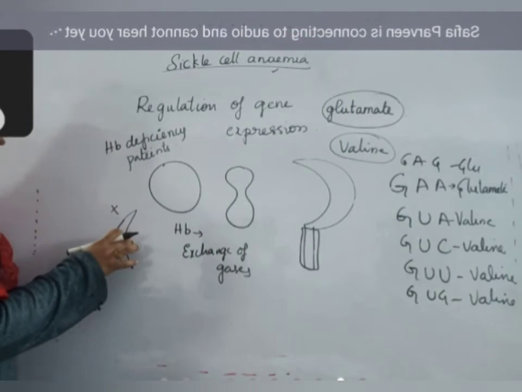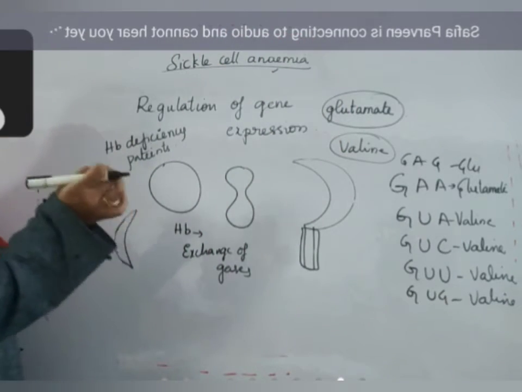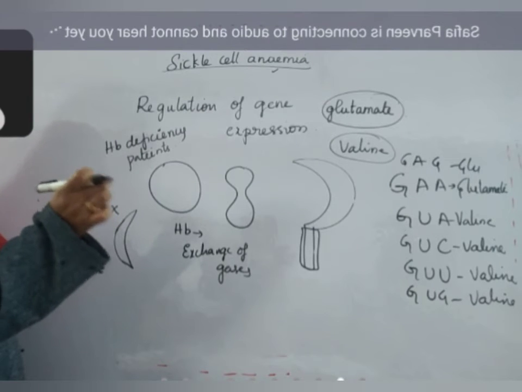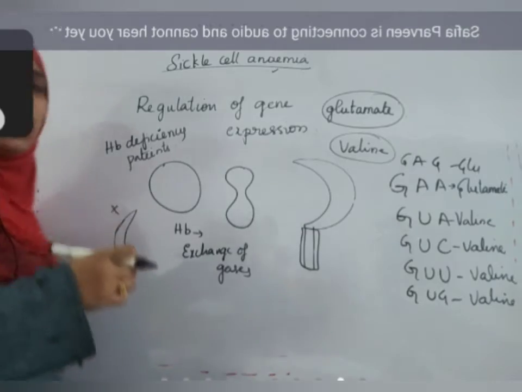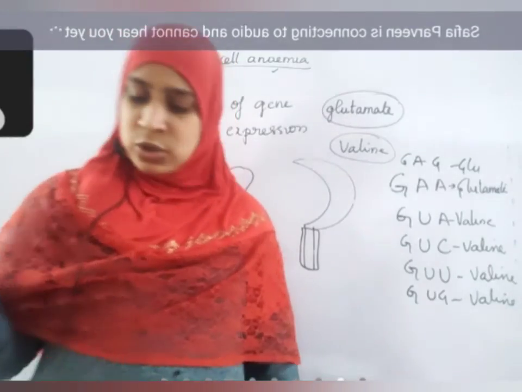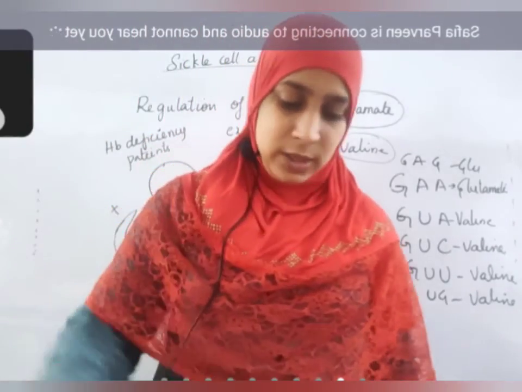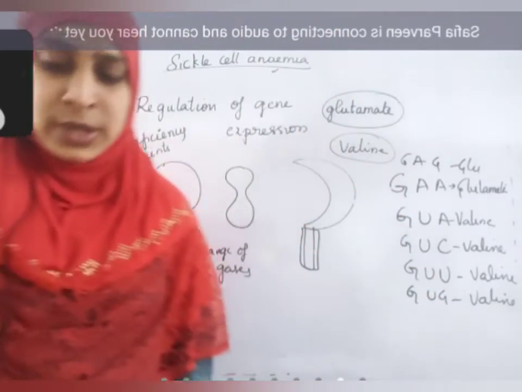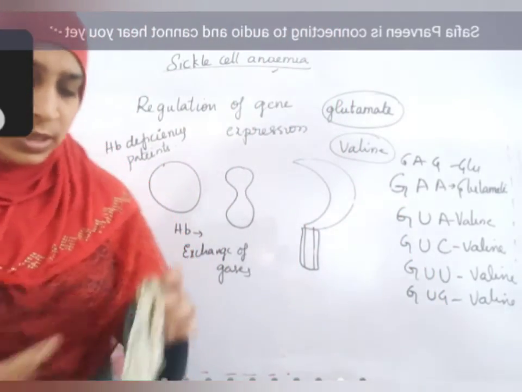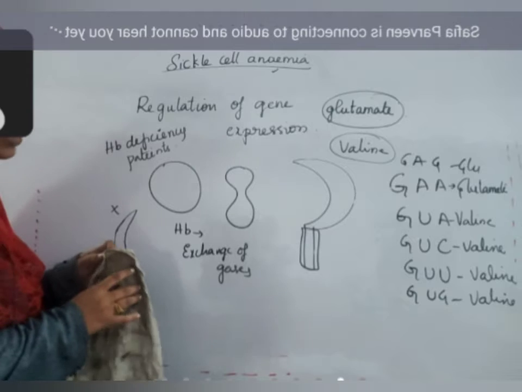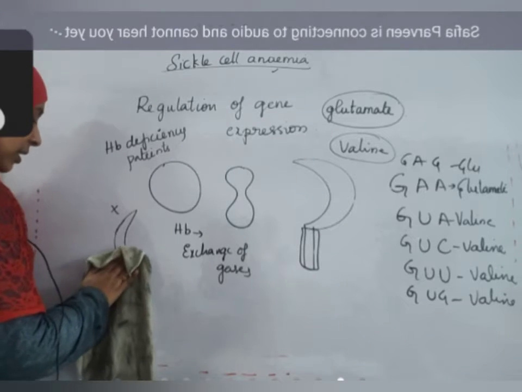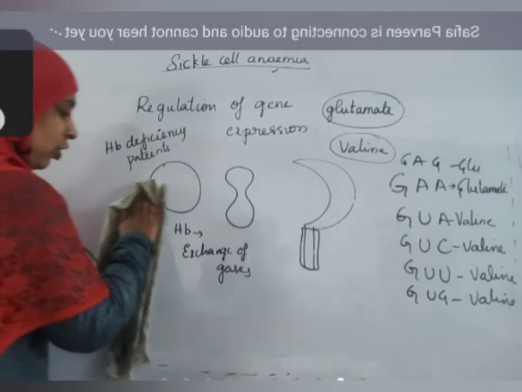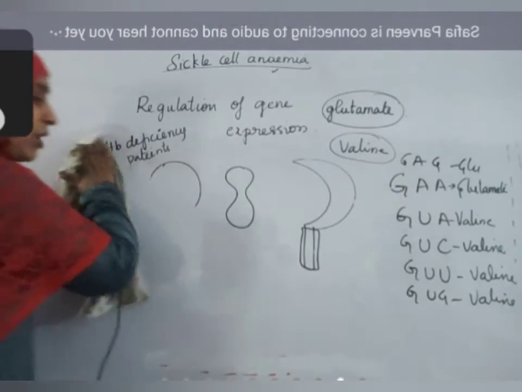But see the condition of the patient. One small mistake in the codon changes the total physiological condition of the patient. So it should be kept in mind. It should be very carefully monitored, whether it is the transcription process, translation process, or replication, it should be done very carefully.